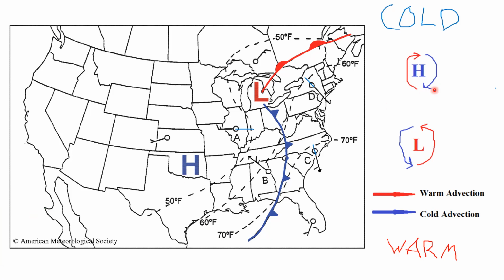What we get is, to the east of a high pressure system, because it's rotating clockwise, cold air is traveling from north to south. And so typically to the east, southeast, and northeast of a high pressure system, you have cold air advection. On the other hand, on the western end of a high pressure system, the winds are coming from the south. Hence you have warm air advection on the southwest, west, and northwest portions of a high pressure system.